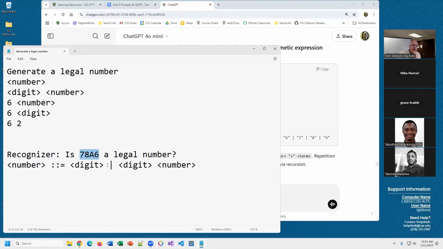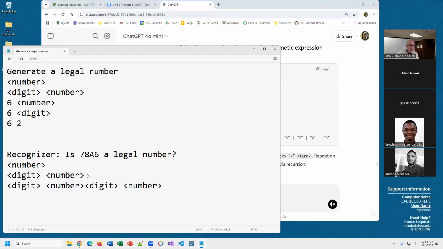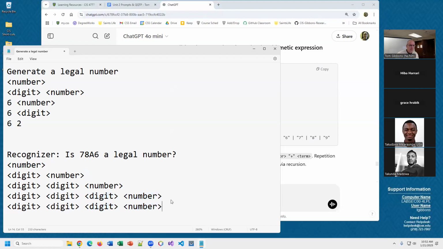The idea is that we would walk through this and say that a number can be a digit and a number, because I'm saying 4 digits. That number can be another digit and a number, and then that number can be replaced with a digit and a number, and that can be replaced with another digit and a number.